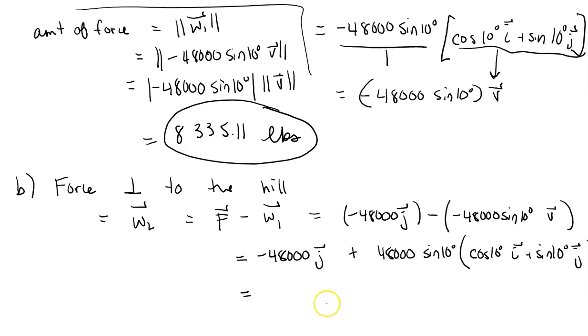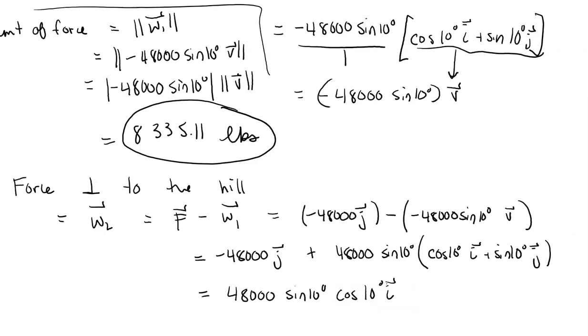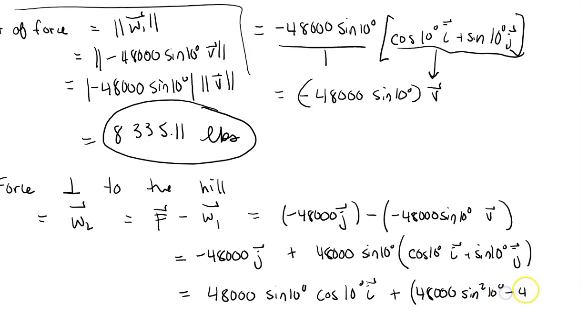And this is going to give us, if we group our like terms, 48,000 sine of 10 degrees cosine of 10 degrees I plus 48,000 sine squared of 10 degrees minus 48,000 J. So we've got this part and then this part right here.